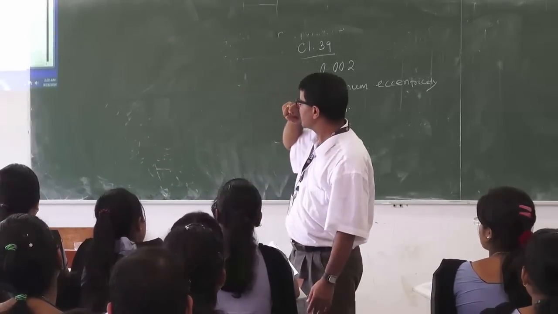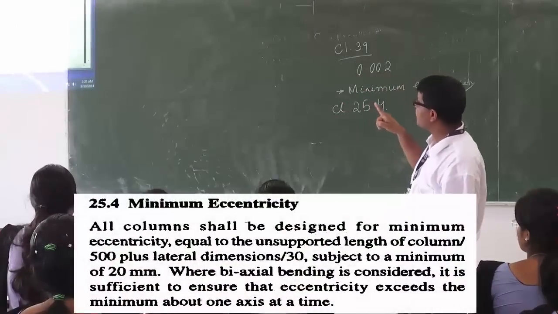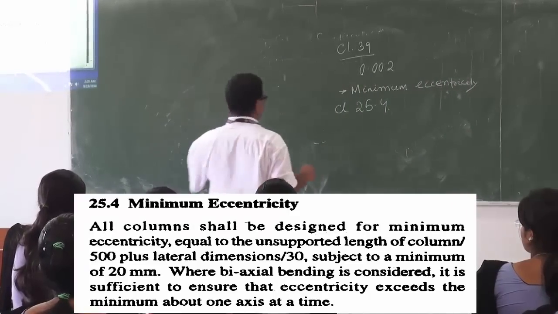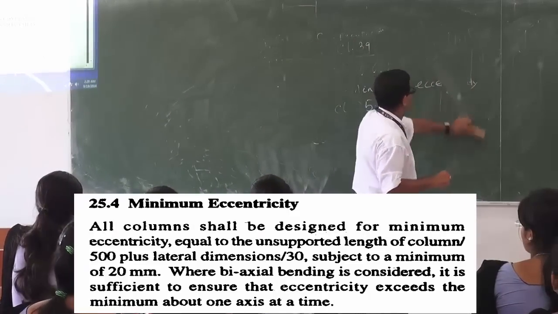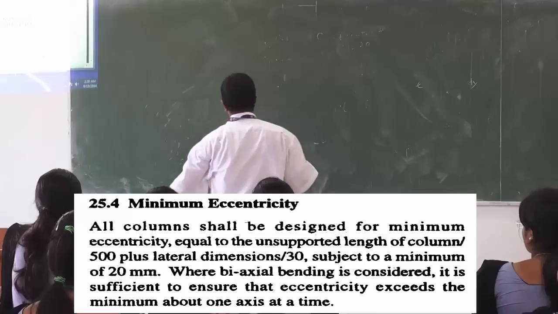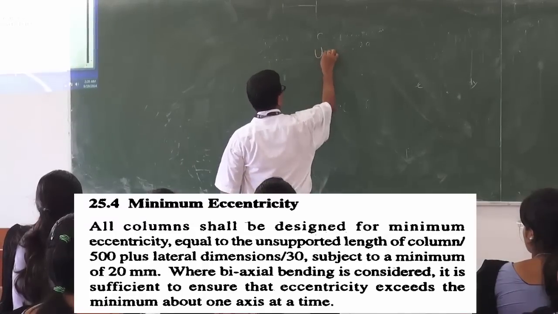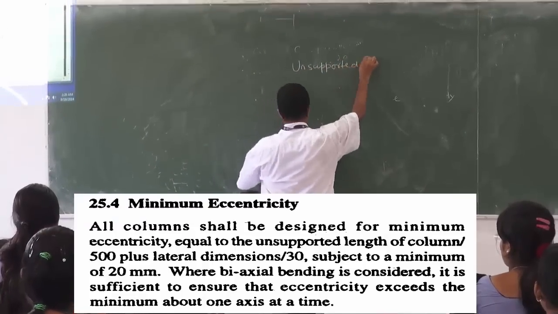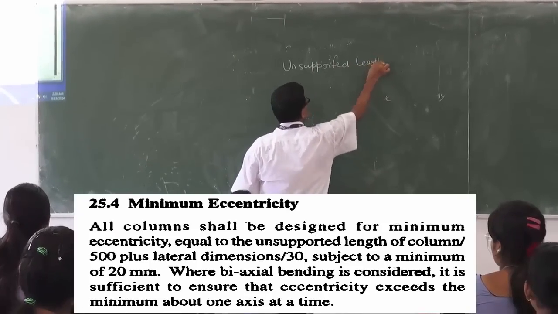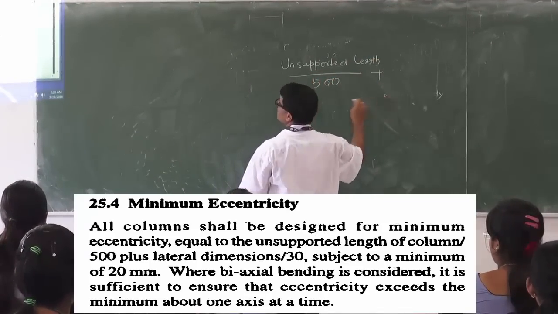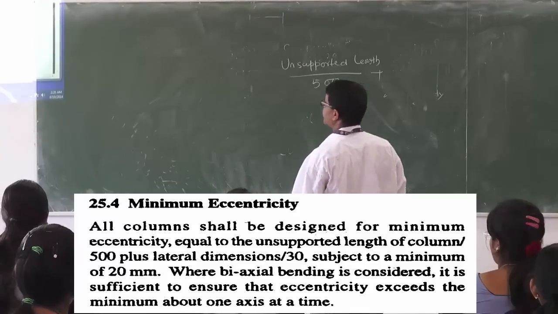So the column's unsupported length by 500, plus lateral dimension by 30.